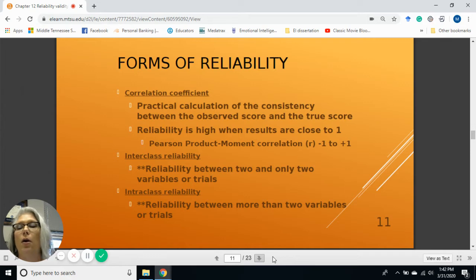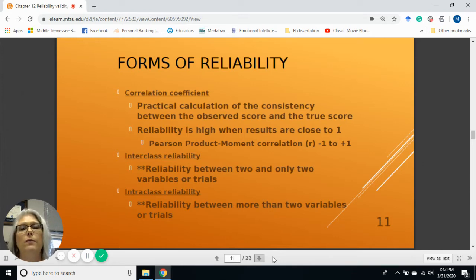If the r is between 0.3 and negative 0.3, that's considered a weak relationship. If it's 0.3 to 0.5 or negative 0.3 to negative 0.5, that's considered a moderate correlational relationship. And if it's above plus or minus 0.5, then that's considered a strong relationship. So our r is really important when we're looking at quantitative data.